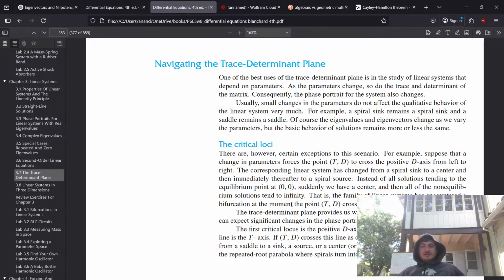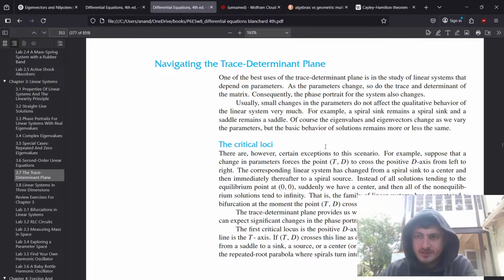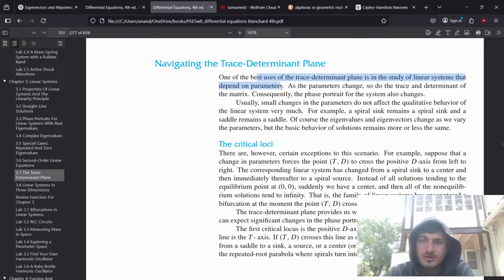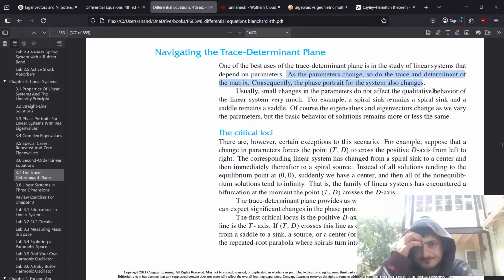All right, navigating the trace-determinant plane. One of the best uses of the trace-determinant plane is in the study of linear systems that depend on parameters. As the parameters change, so do the trace and determinant of the matrix. Consequently, the phase portrait for the system also changes.